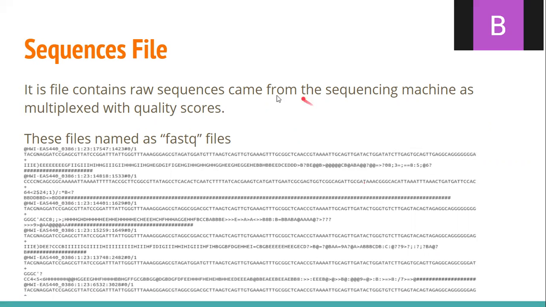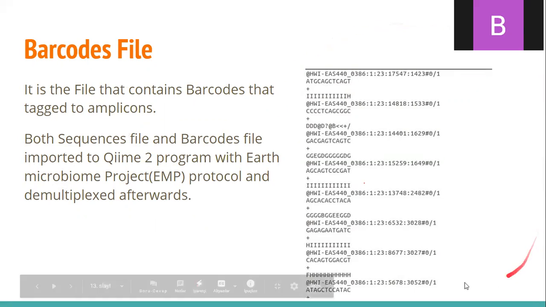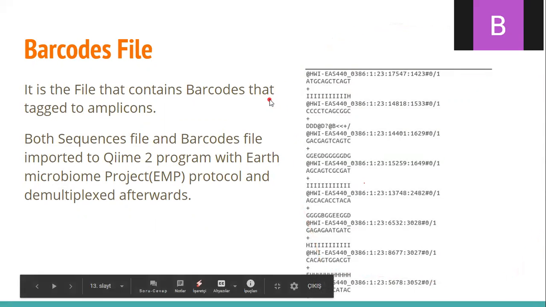And these files come as FASTQ files. FASTQ means quality scores are also found in these files. Now the barcodes file is the file that contains the barcodes that tag the amplicons. We tagged them.